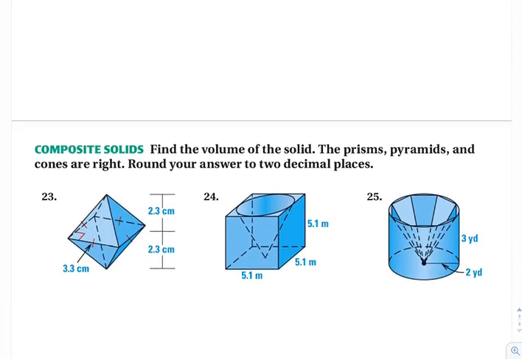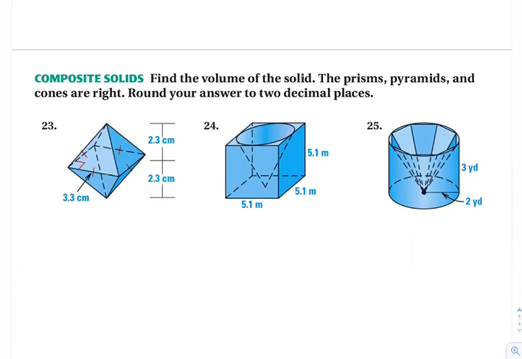Okay, down here, I'm going to say, well, it looks like I've got 2 square pyramids together. So I've got the volume of the top square pyramid, and I'm going to add it to the volume of my bottom square pyramid. Over here, I've got the volume of another cube, and I'm taking away from that the volume of a cone.